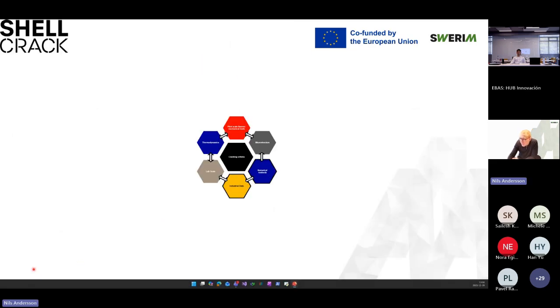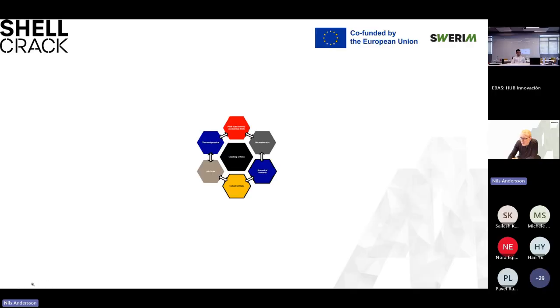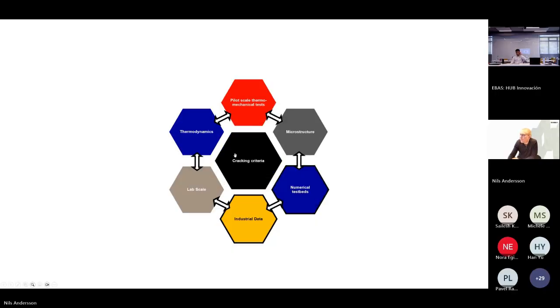So let me see if I can zoom in here. So this cracking criteria, these are the tools and data that we want to bring together and connect with our main tools.